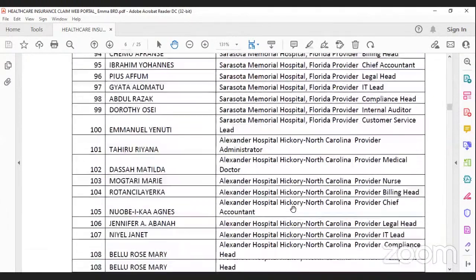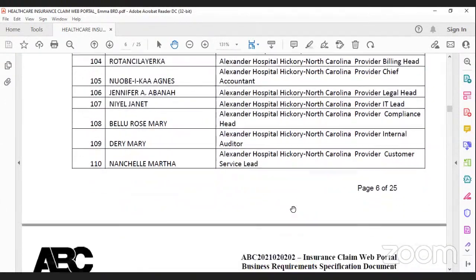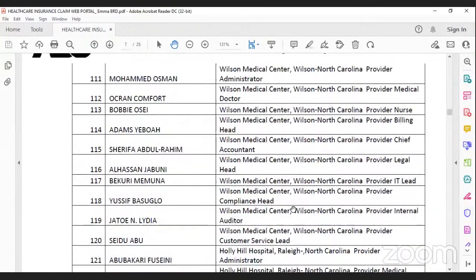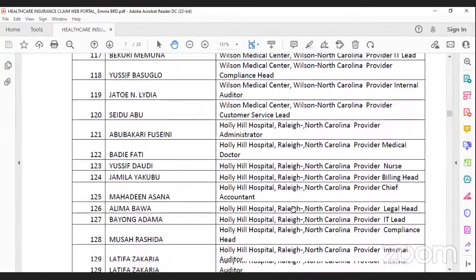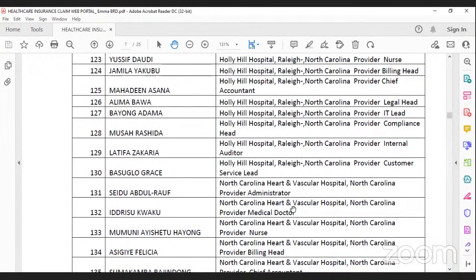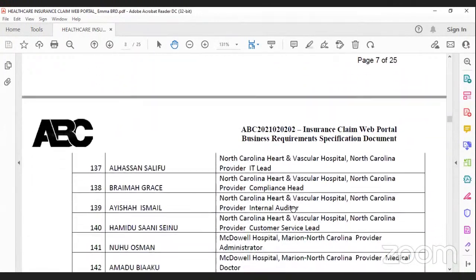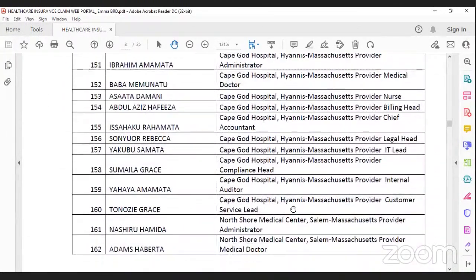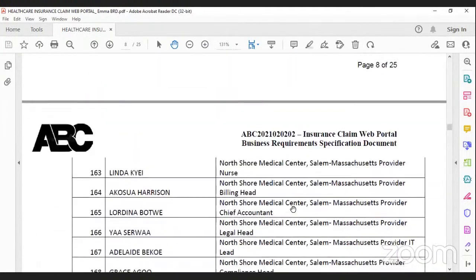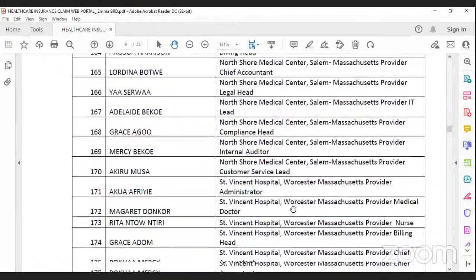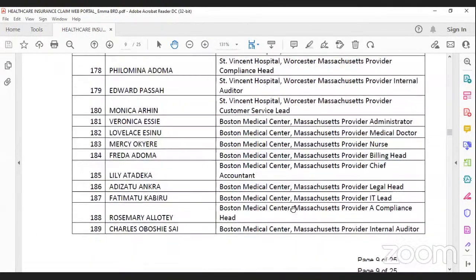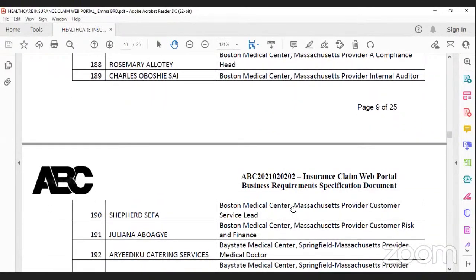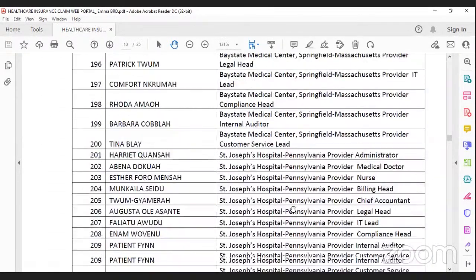For all of these places, Sarasota, Alexander Hospital, North Carolina, yes, we met them. For all the 5 states, we decided to meet a lot of these guys to be able to engage with them. It was a recruitment task, but it had to be done. Boston Medical Center in Massachusetts, on and on.